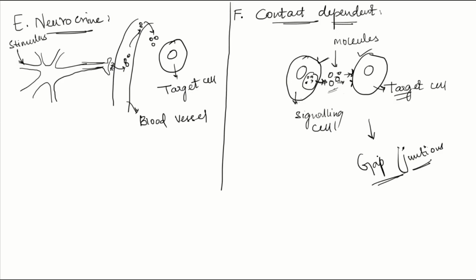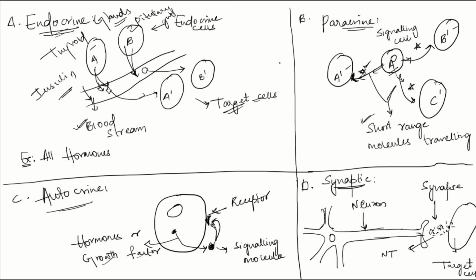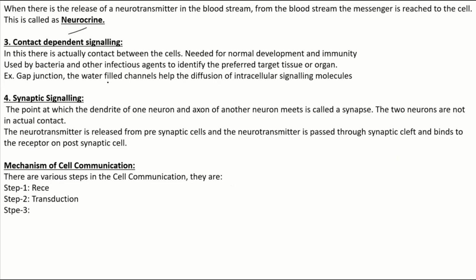How? Because there is a movement of some particles, as I said in the gap junction class. So this is the cell signaling process which is done in the gap junctions. That is called contact dependent signaling.